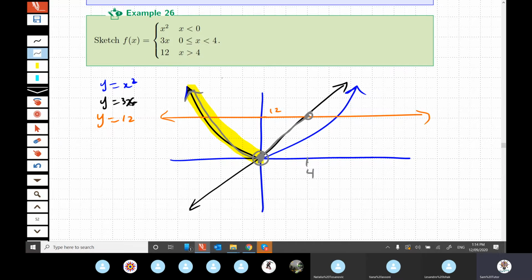Again, you said open circle, but then what do we know? This is also 12. So it goes like this. It's actually meant to have open circles usually, but in this case, everything's connected. When everything's connected, does anyone remember what the name is called? It started with C. Continuous. So is this graph continuous? They would ask, is this continuous?